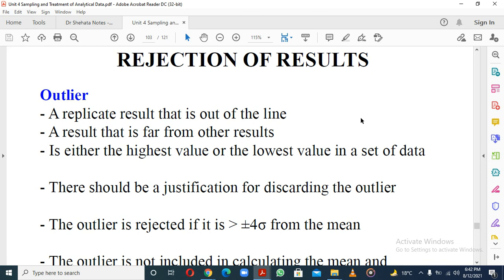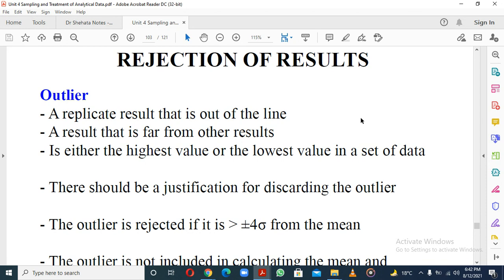Now, you don't just discard it. You have to justify why you are discarding an outlier. Yes, it's an outlier, but you don't just discard it. There is a protocol, and this is where we talk about rejection of results.